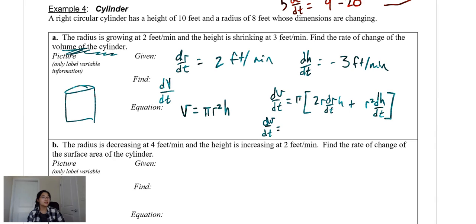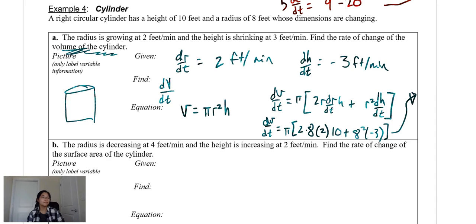dV/dt is pi times 2 times r, r is 8, 2 times 8 times dr/dt is 2, h is 10, plus r squared, which is 8 squared, dh/dt is -3, and then we just multiply that, and we figure it out.